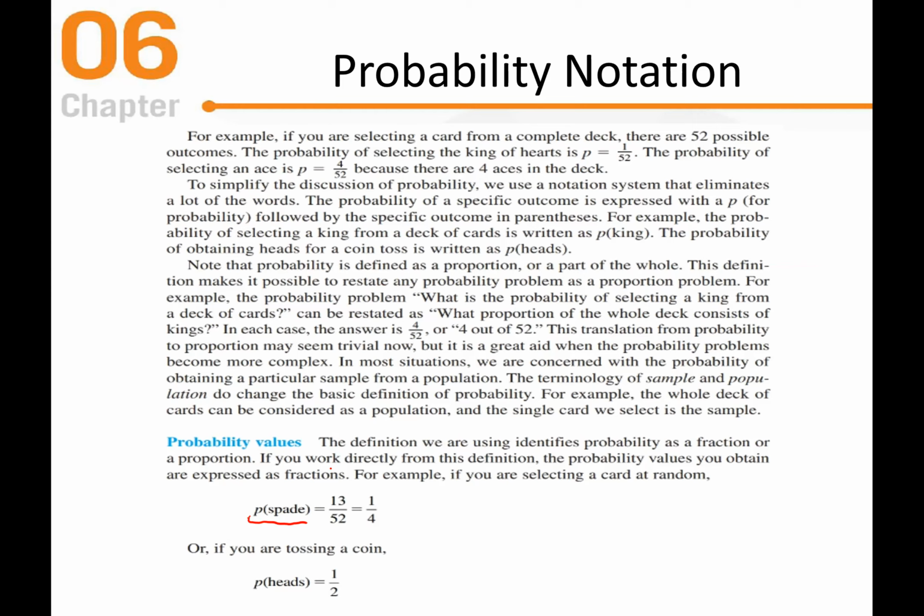Now, that goes into the denominator. Into the numerator goes the number of outcomes classified as that particular event, a spade, right? Well, in a standard deck of cards, there are 13 spade cards, right? And so it would be 13 over 52, which if we simplify and reduce to the lowest common denominator, would be 1/4. So 1/4 of the deck is made up of spades, all right?